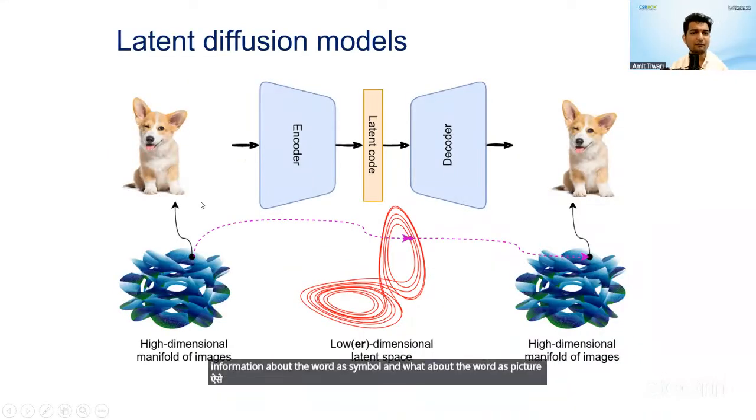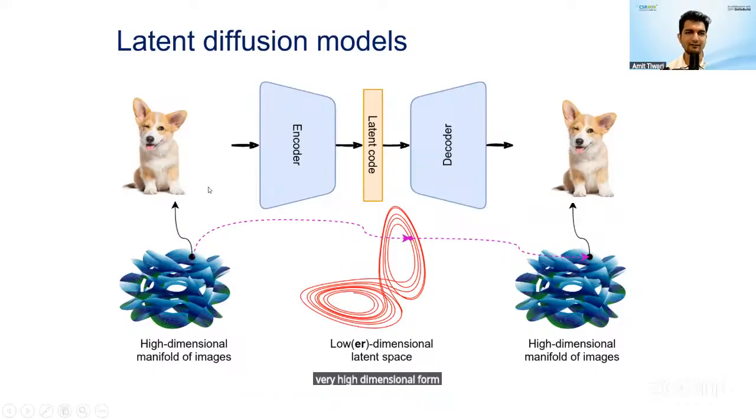And the second thing we will do is use these latent diffusion models. In order to understand how latent diffusion models work, I have an image in a very high dimensional form. Here it is in a two-dimensional form, or a three-dimensional form, or a multi-dimensional form, right?